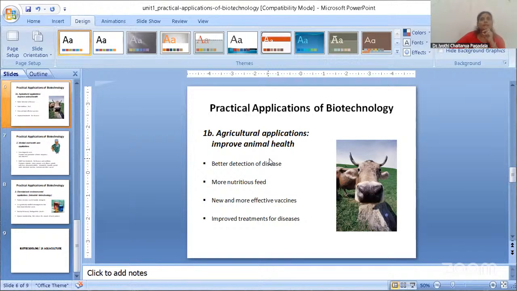So we have another technique, that is molecular breeding and marker assisted selection. It is also called MAS.